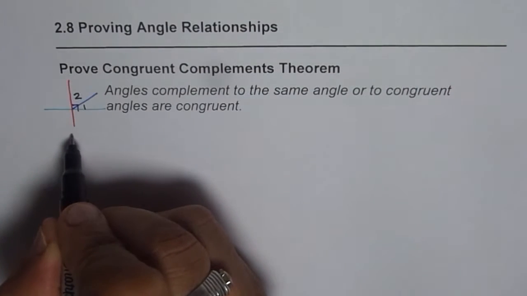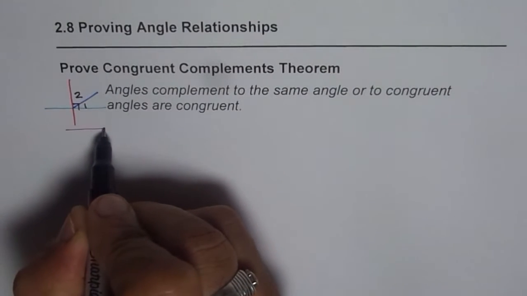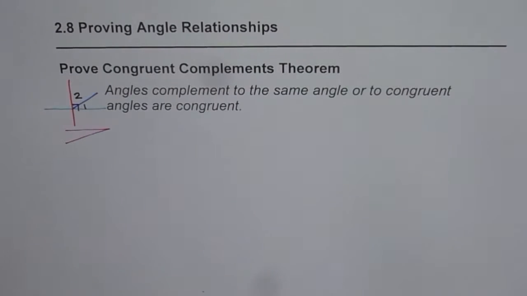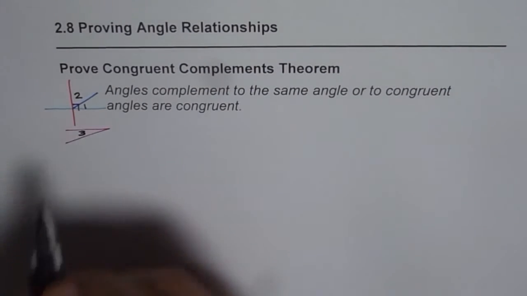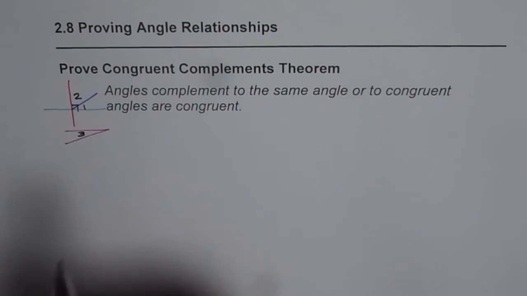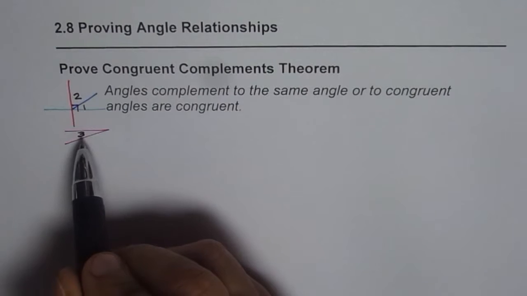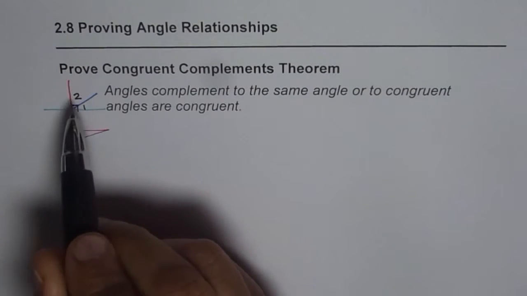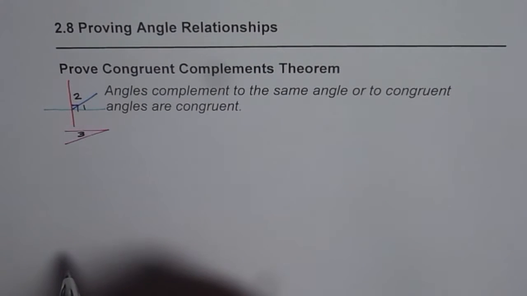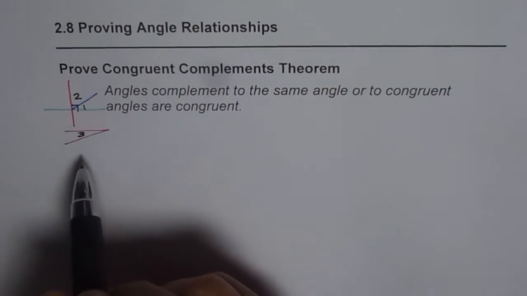Let us say that we have another angle here, kind of like this, okay? And let us say that this angle is 3 for us. Now, angle 3 and angle 2 are also complementary, since if we add them up, it is 90 degrees. So that is what we have.